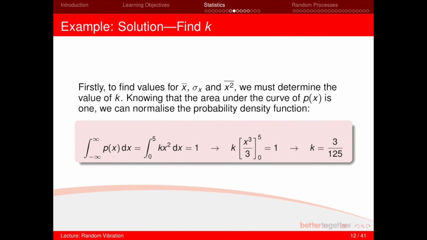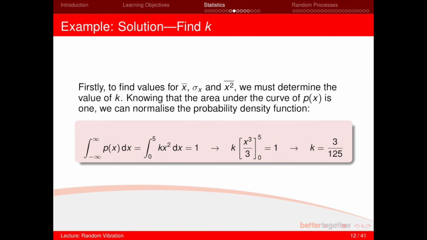And so we can go through the process to find the mean. First off, we need to find k, because we need to work out these values. We know that the integral of p of x dx between minus infinity and infinity is equal to 1. Obviously, we don't need to go from minus infinity to infinity because we know our limits of integration are 0 and 5, so we can use them as our limits. We stick in our function p of x, kx squared, dx, which must equal 1.